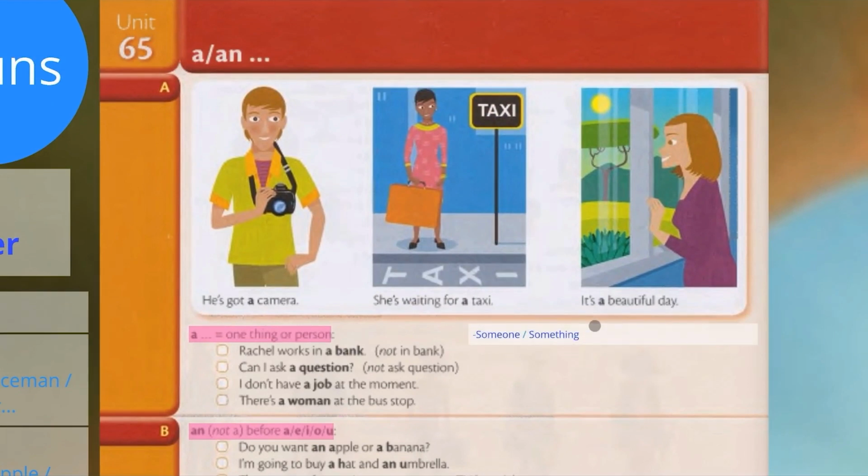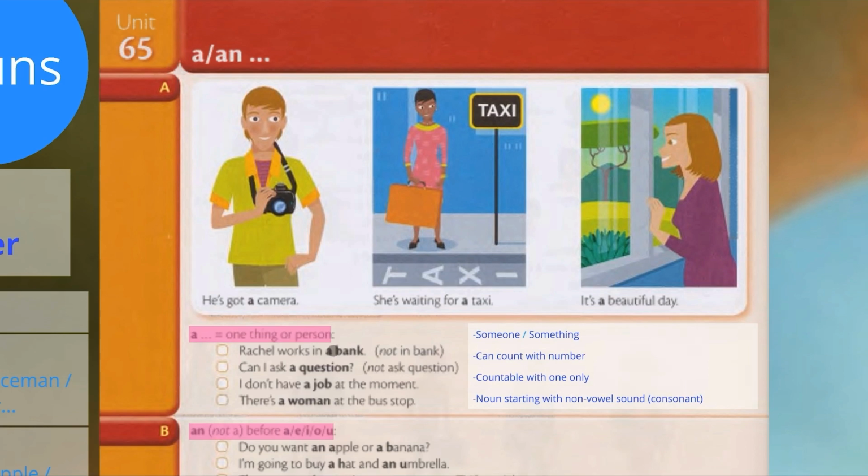These nouns belong to someone or something, and they can be counted with a number, and they have only one. And they also start with a consonant. That means not a vowel sound. What is a consonant? A consonant is a sound other than a, e, i, o, u.